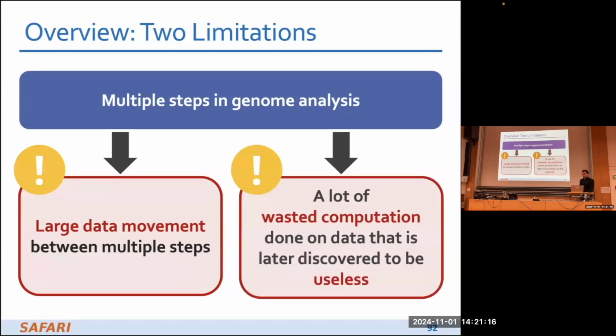Second, there's a lot of wasted computation done on the data that is later discovered to be useless. For example, when you're doing your quality check, some of the reads will not be used in the later steps. So this means that you base called them for no reason. So it's a wasted computation, wasted energy, wasted time.